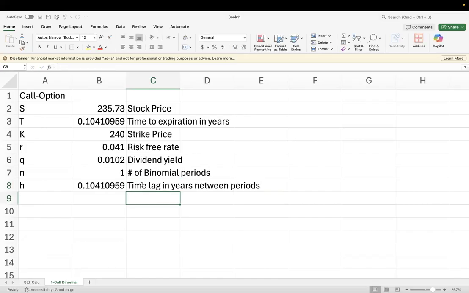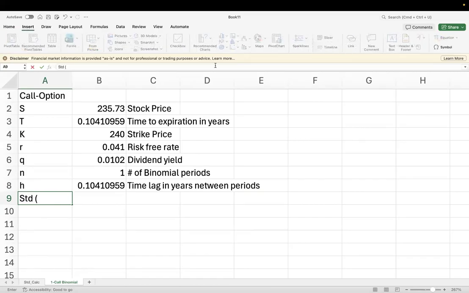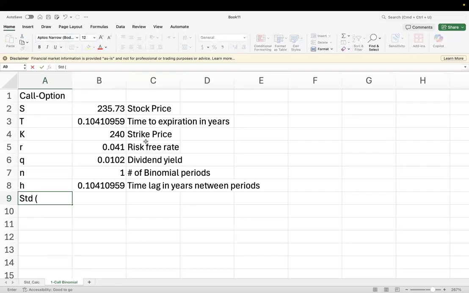Okay, so what else do I need? I need a standard deviation, STD. Some books use letter sigma for this, but it's okay. We can just write STD. STD, sigma, or volatility, I know.